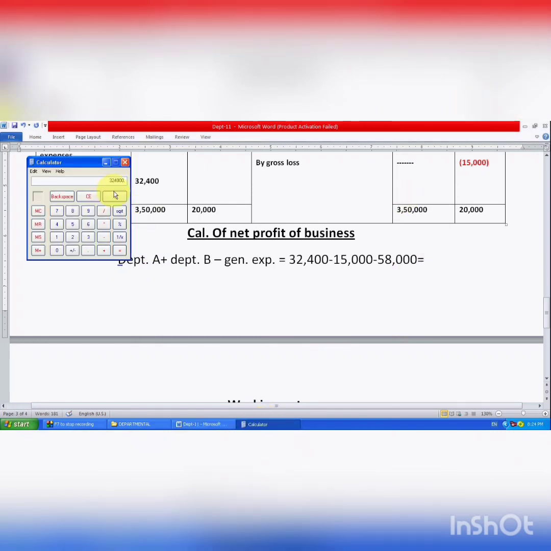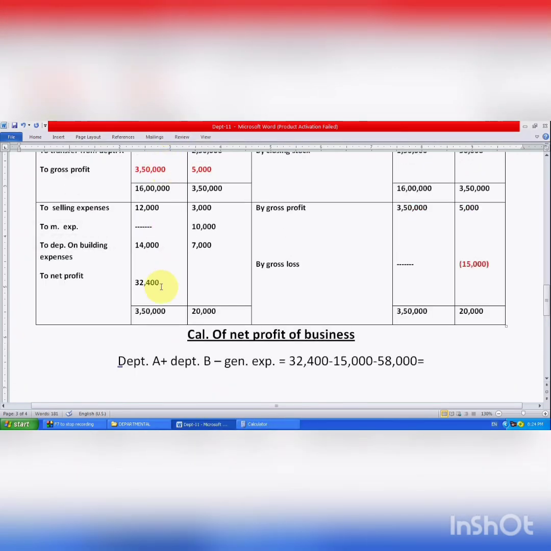Okay, see, 32,400 is the profit, 32,400, 3,50,000, wait a minute, it's 3,24,000. So right here 3,24,000, okay, here is completely nil, there is no profit, so right 3,24,000.